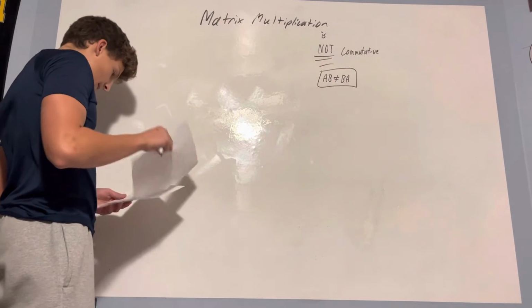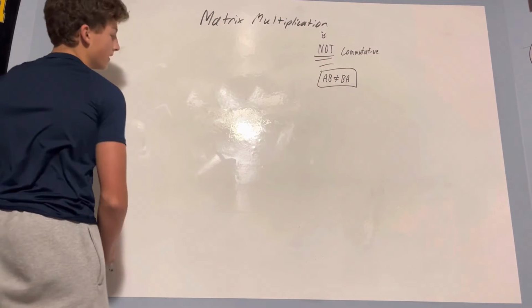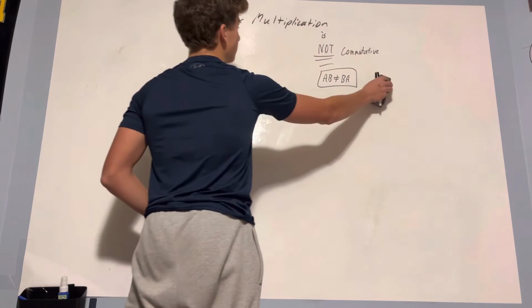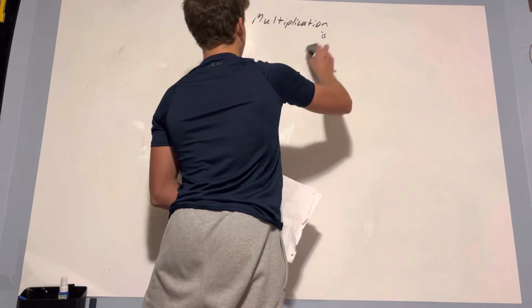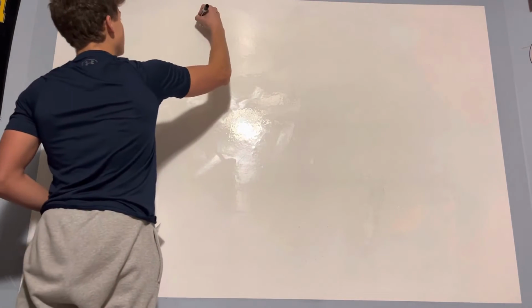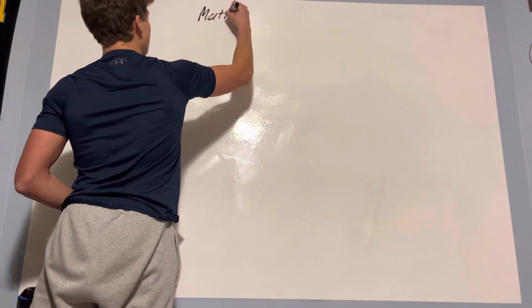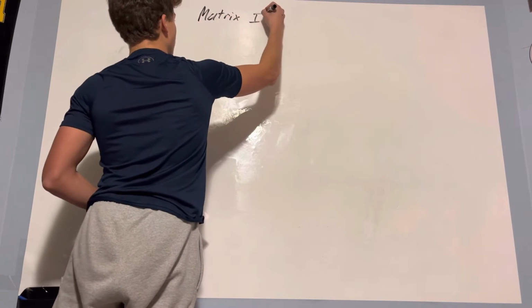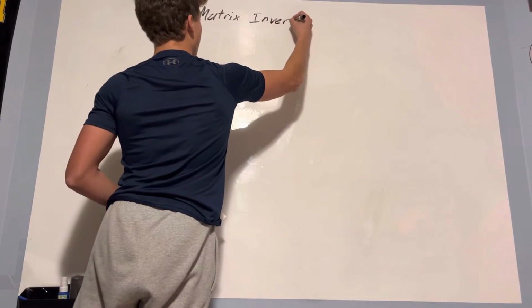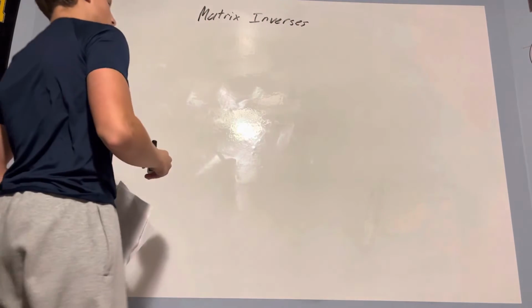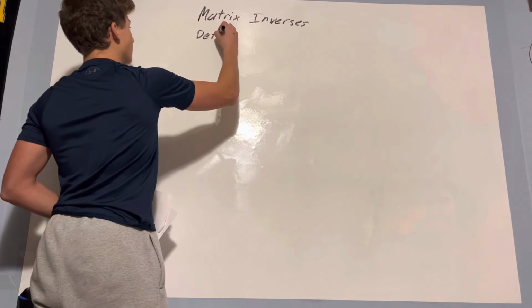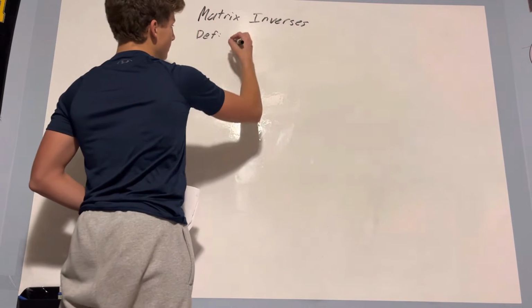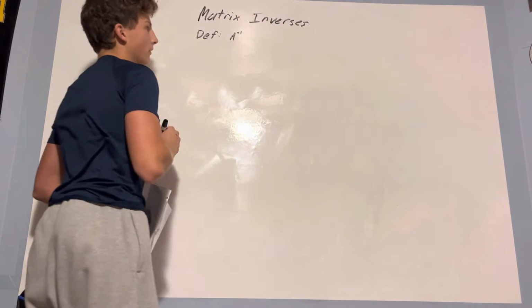So now let's look at matrix inverses. Just remember that AB is not always BA for matrix multiplication. By definition, the inverse matrix is denoted A inverse.